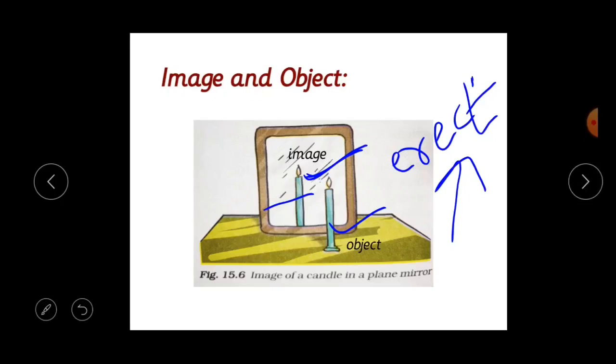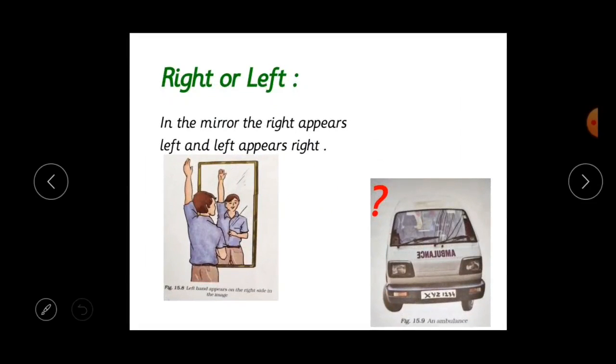Okay. Now the next one is, what is right or left? So children, when you see your image in a plane mirror, is it exactly like you? Have you ever noticed that there is one interesting difference between you and your image in a mirror? Yes, so just do one thing, stand in front of the mirror and look at your image.